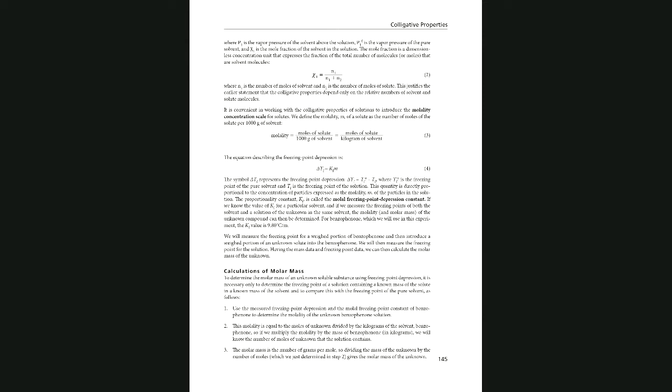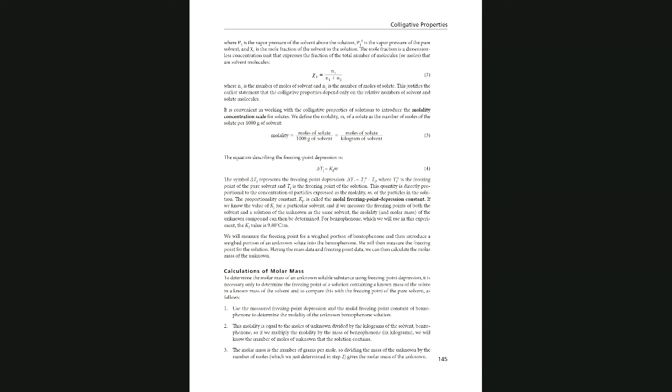So we find the freezing point for the solvent and the freezing point for the solution. You subtract, and you get delta TF. Kf is a given number, a constant, the molar freezing point depression constant.